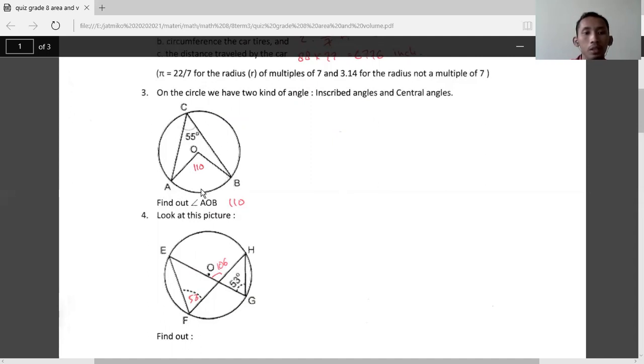So from arc AB to the center point, the angle will be twice the one at the circumference. The point is, as long as the arc is the same, wherever the inscribed angle goes, this part is also 55. It's also 55. Wherever they go, it will be 55.